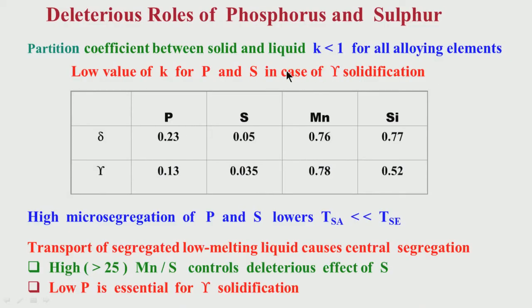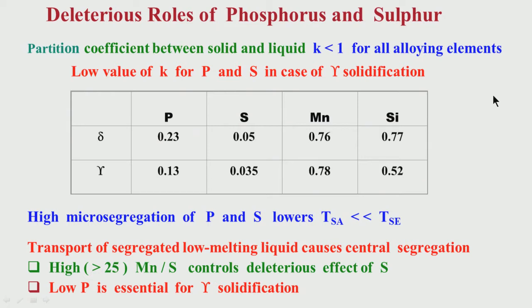So what is the impact of heavy microsegregation due to phosphorus and sulfur? The actual solidus is coming down from the equilibrium solidus. Consequently, the temperature interval for solidification, the interval between liquidus and actual solidus, also increases.